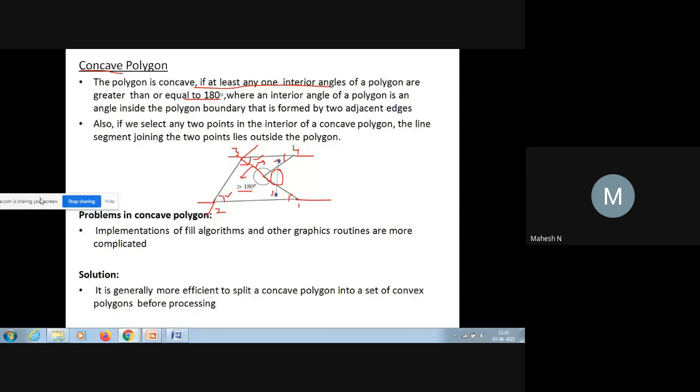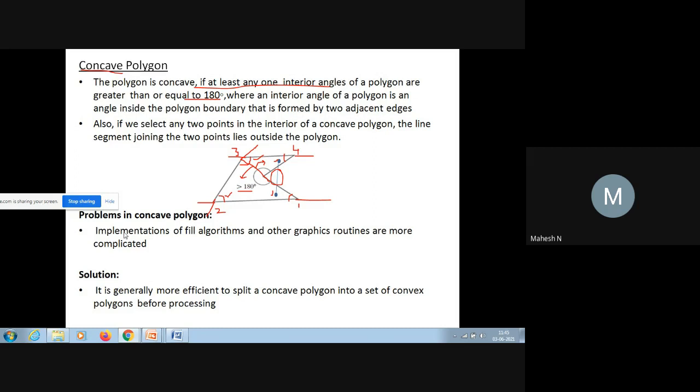That is the next property of a concave polygon. The third property: whenever I take an edge and extend it, I find that some of the vertices are present on one side of the extended edge, and some on the other side. This also violates the convex polygon rules, and this becomes a concave polygon.